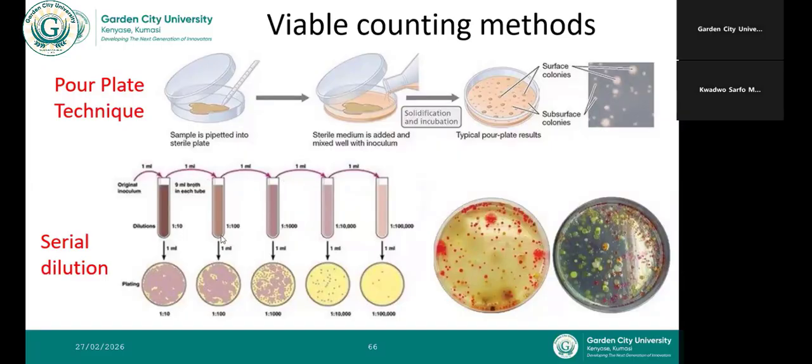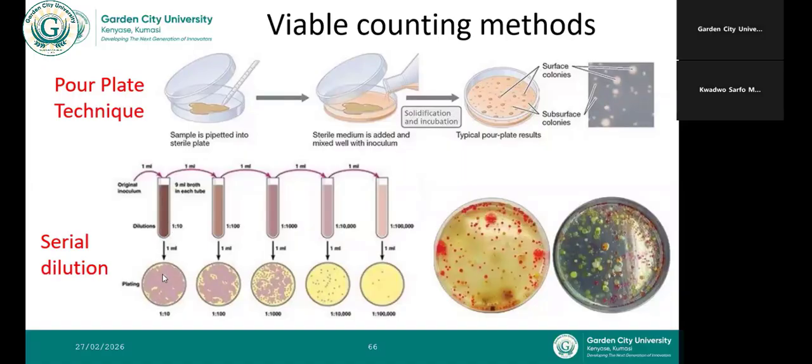So you plate from each tube and incubate. When you incubate, the number of colonies you see on this dilution, so 1, 2, 3, 4, the fifth one, will be far less than the number of colonies you are going to see on the first one, because this is 1 in 100,000 dilution. It's just 1 in 10 dilution.